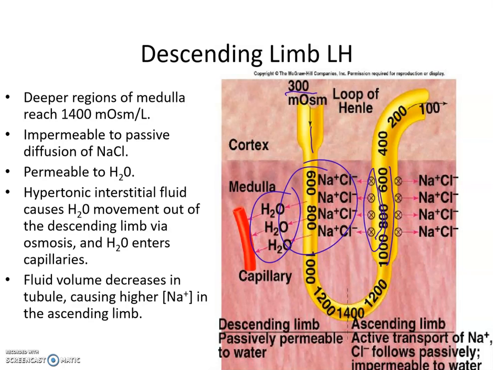Now, the one thing is it's called countercurrent multiplier because basically we have to start at the back end. The water isn't just going to leave from the descending limb of Henle's loop if it's not for all that salt that's surrounding here. So we need to first put the salt here into the descending limb of Henle's loop area, and then the water will go out by the masses.